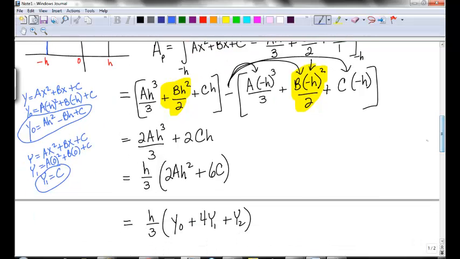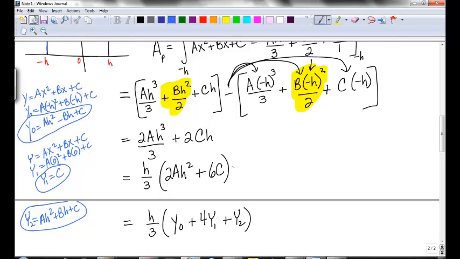If you did the same thing with y sub 2 and subbed in, y sub 2 is ah squared plus bh plus c. And that's your y sub 2. Okay, now go back.